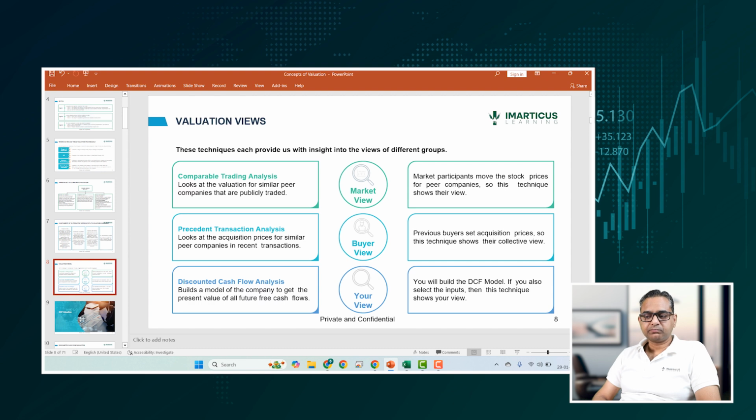So in trading analysis, we are looking at the peer sets and how they are trading in the market, at what valuation multiples they are trading in the market. So this technique is showing their view, their perspective, those market participants, how they are valuing the other companies, and that is captured in the comparable trading analysis. So this is very much a market view.